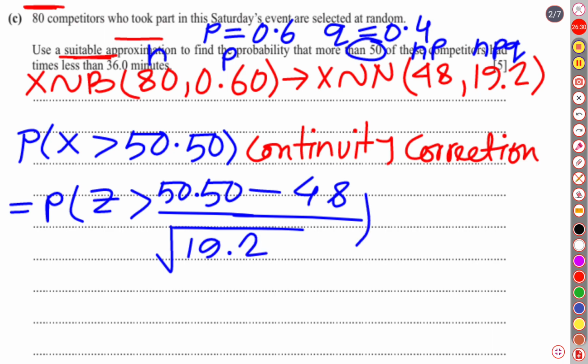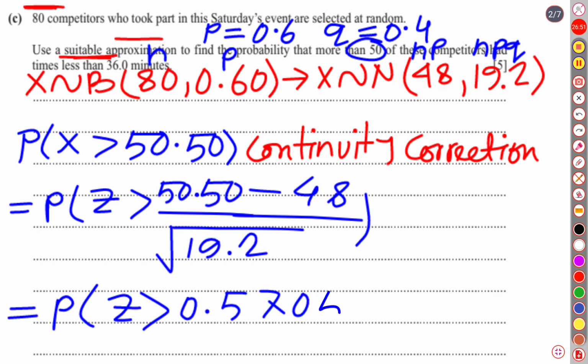Then using our calculator we get Z greater than 0.5705. This is our Z score.